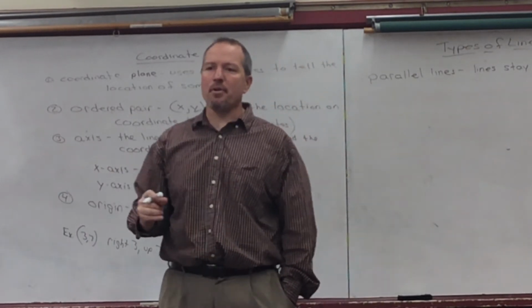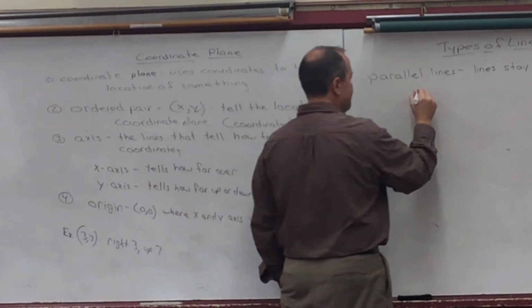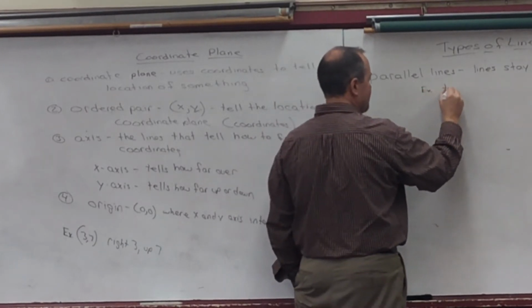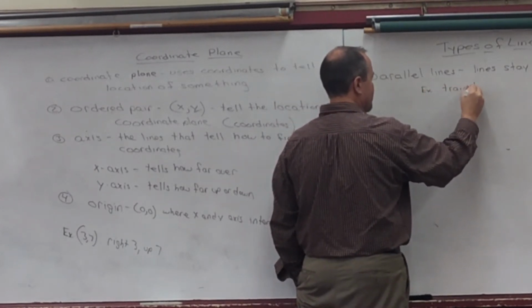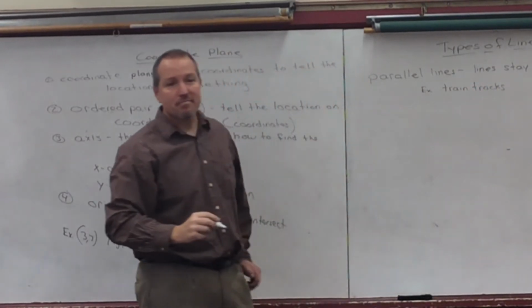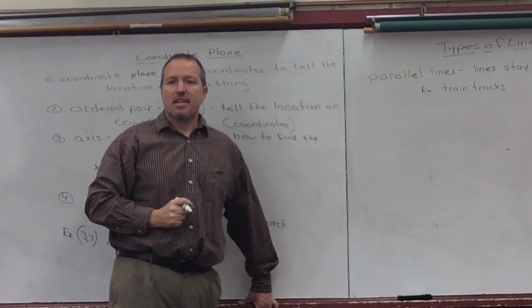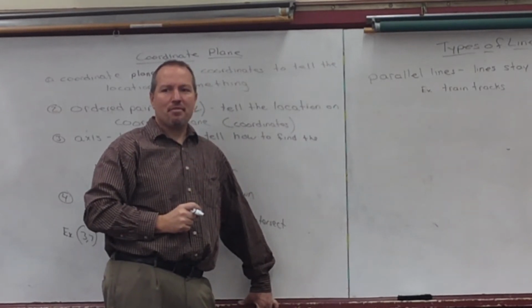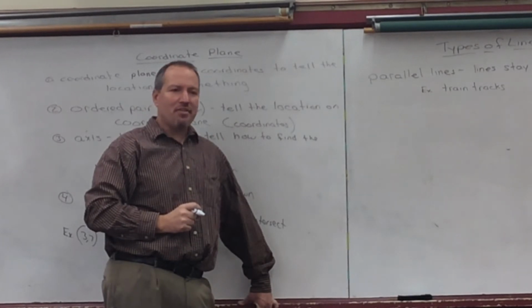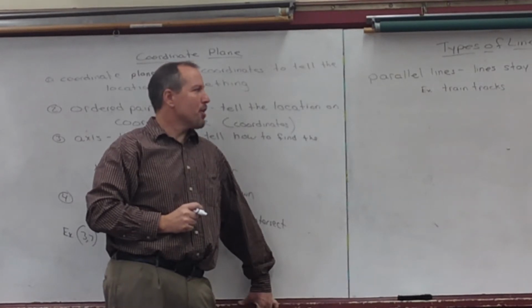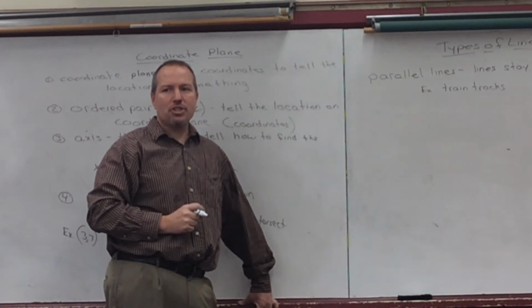The best example of parallel lines that I can think of would be train tracks. If the train tracks are not parallel, what's going to happen? The train's going to derail. If they get too close or if they get farther apart, the train will derail. Okay, so parallel lines, an example would be train tracks.